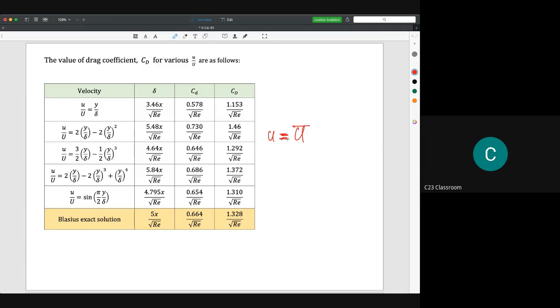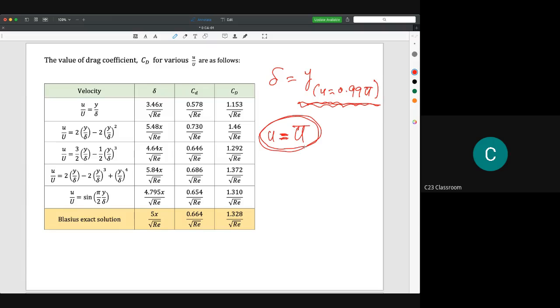Okay, but from the definition of boundary layer thickness, delta, we will take delta as the distance of y when u is equal to 0.99 capital U. So it means that the von Karman equation is actually not using this assumption. Von Karman actually just simplified the calculation, saying that u is actually 100% of capital U. So when small u is exactly 100%, or exactly the same as the free stream velocity.